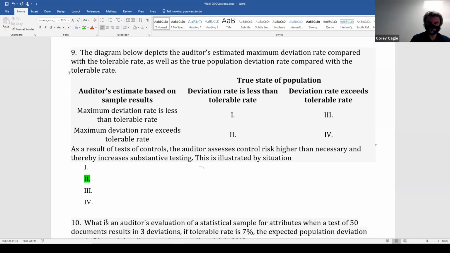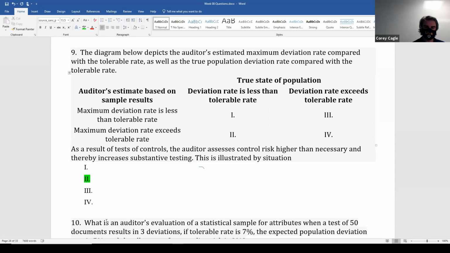So this is leading us toward type 1 and type 2 errors being made, right? As a result of tested controls, the auditor assesses control risk higher than necessary and thereby increases substantive testing. This is illustrated by which of these situations? All right, don't you love this setup? So which of these intersections in this little grid would lead an auditor to assess control risk higher than they should have?